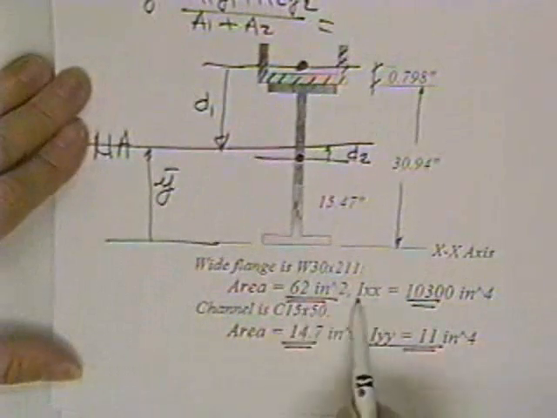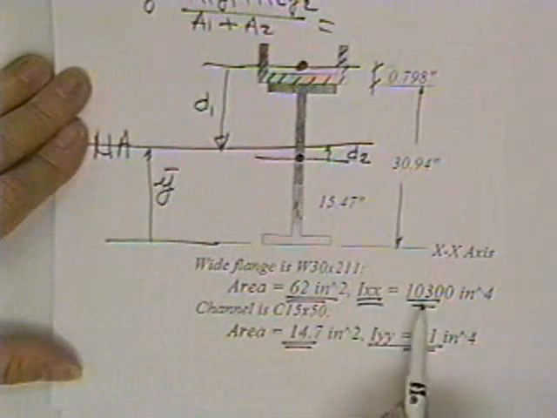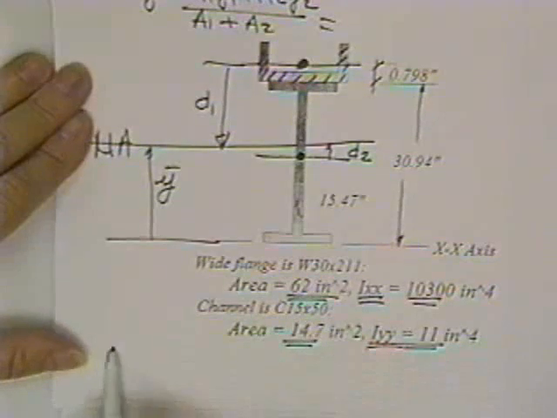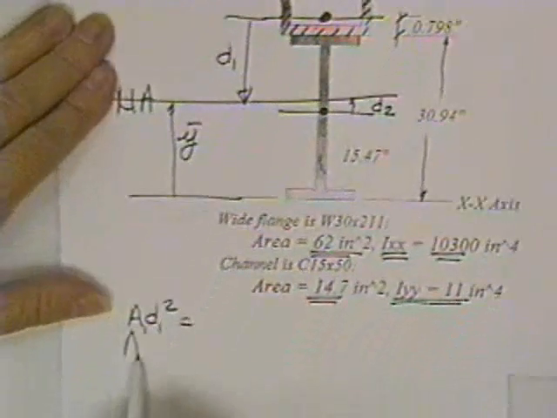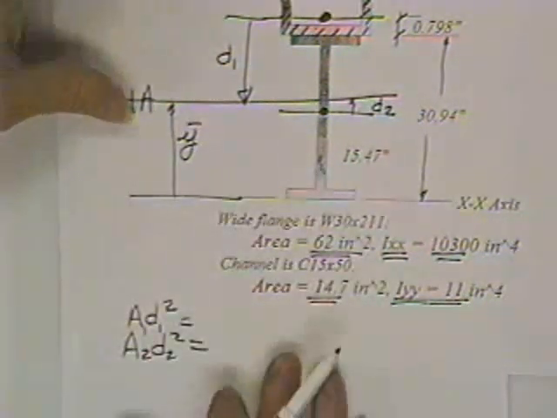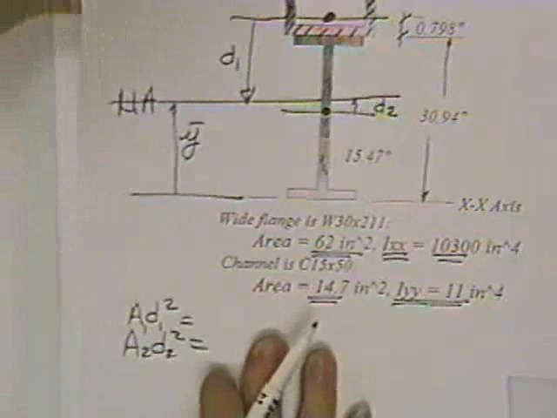Two of them you're already given. You're already given this guy's own personal moment of inertia, and this guy's own personal. All you have to do is then calculate the A D squared for area 1, the A D squared for area 2, and add them all 4 up. You might try that for practice.